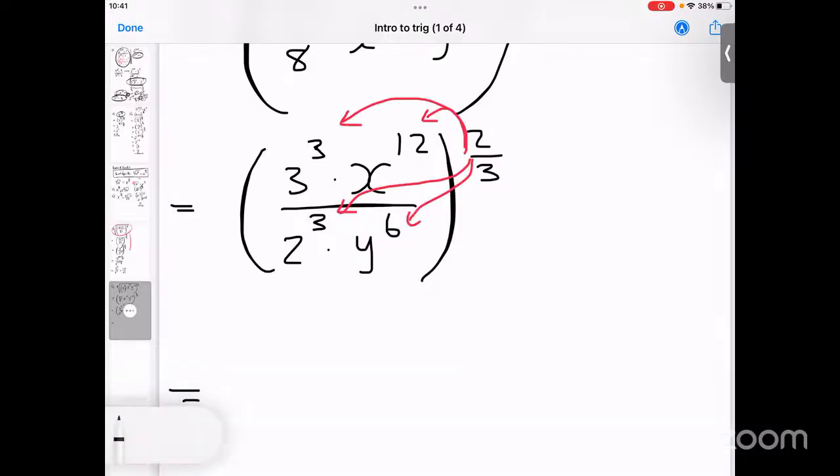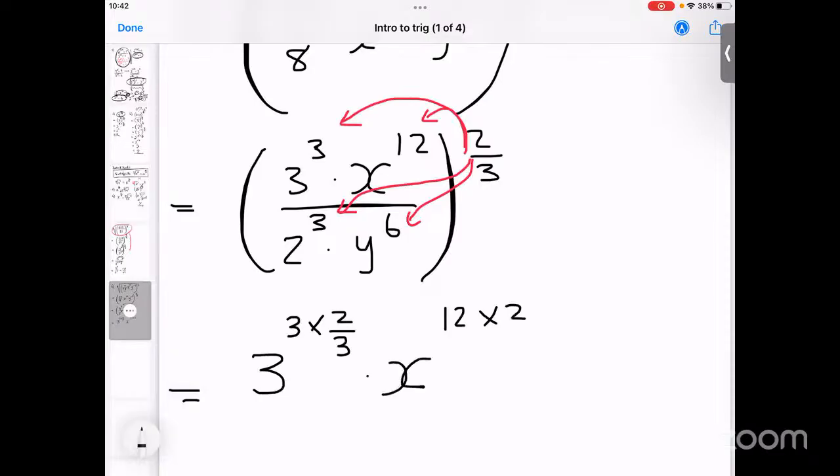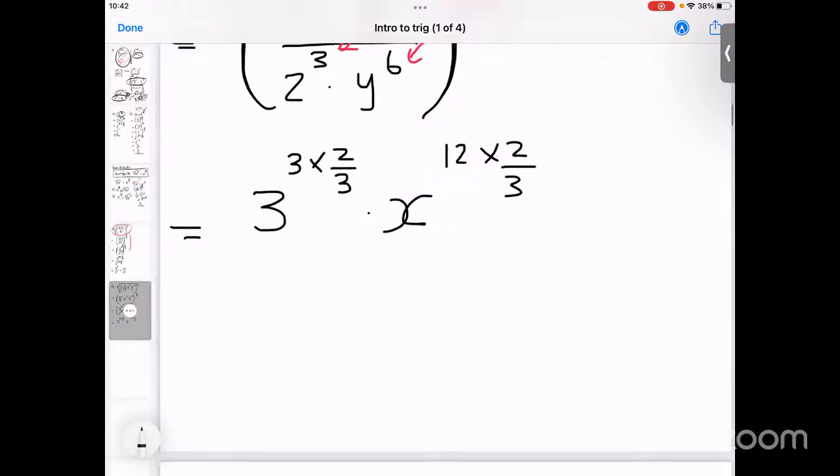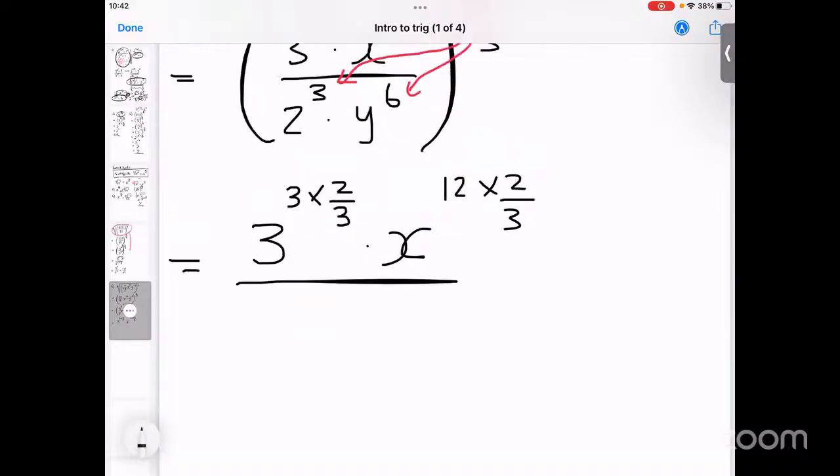So now we have 3 to the 3, which will have to multiply by 2 over 3, which has to now multiply the x, having the 12, we multiply it by 2 over 3. Then the whole of that you divide by 2 to the 3 multiplied by 2 over 3, where you have your y, you've got your 6 there that you multiply by that over that.